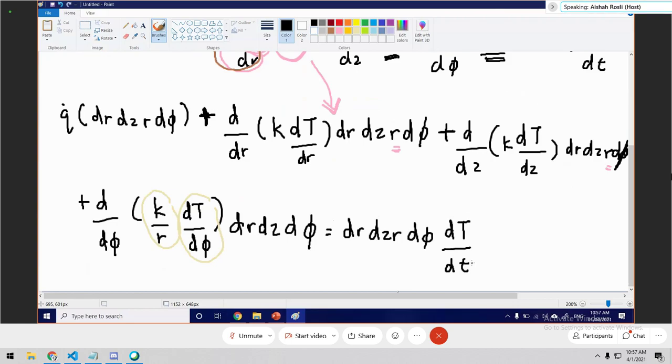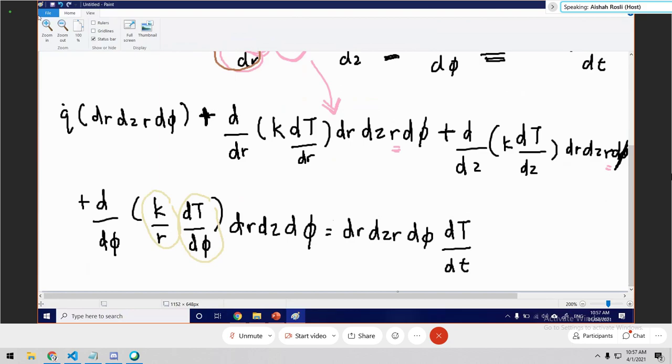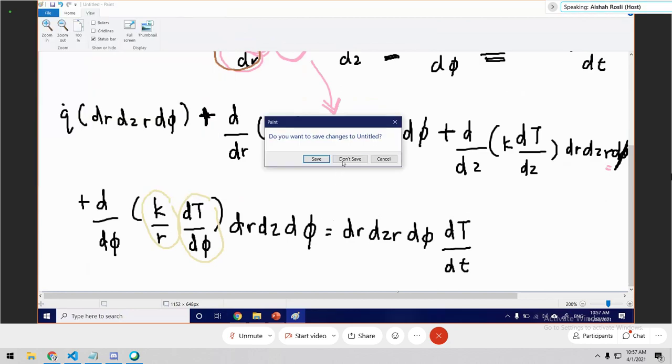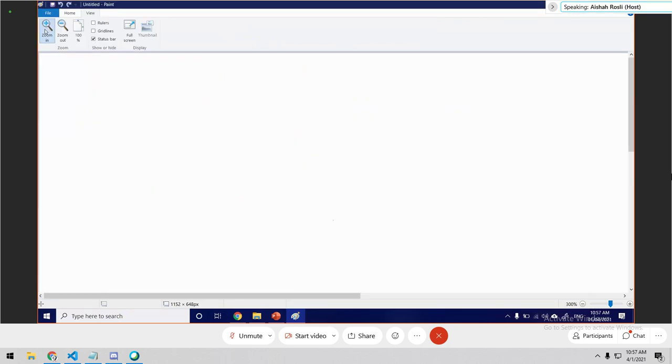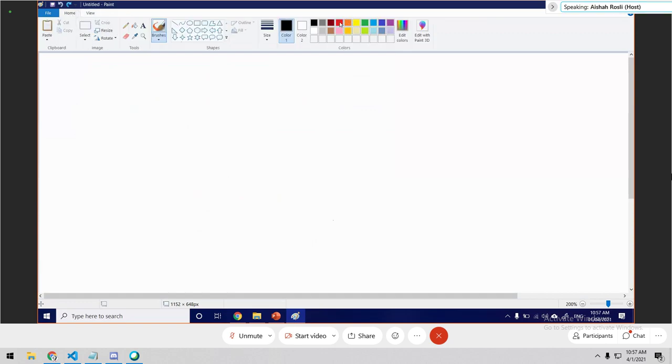To get the equation that you have seen in the slide previously, we divide everything by the volume, which is dr dz r d phi, and the thermal conductivity.